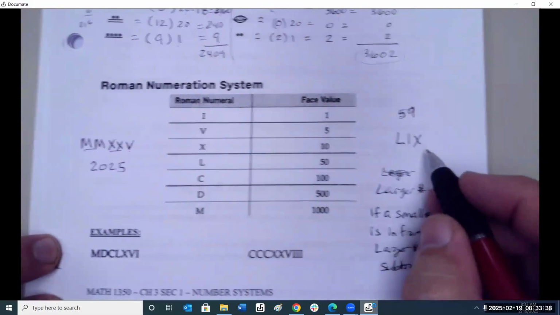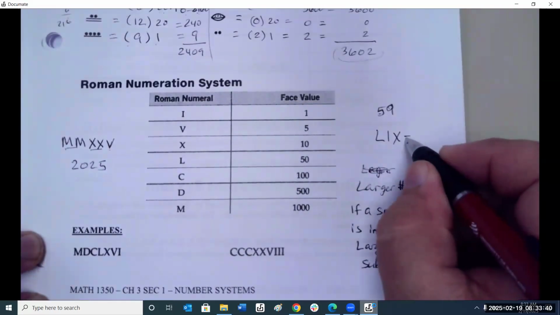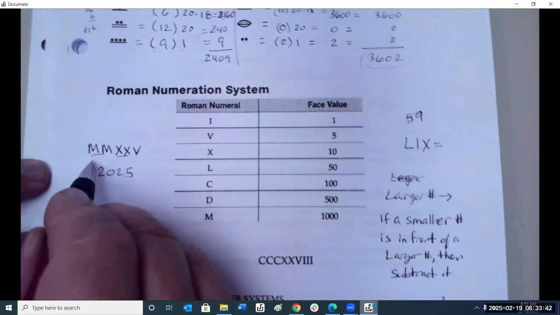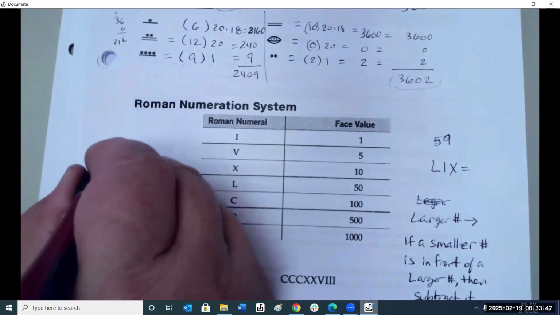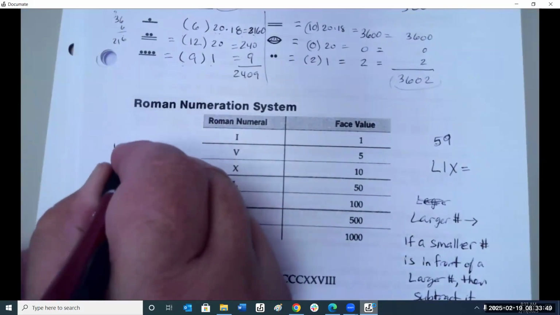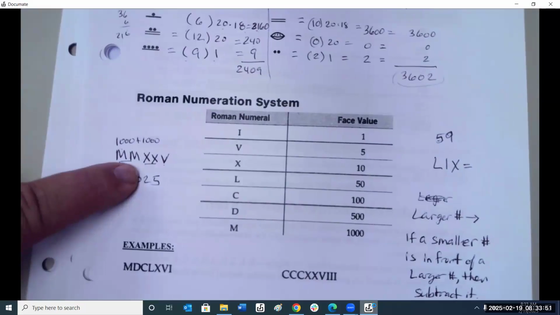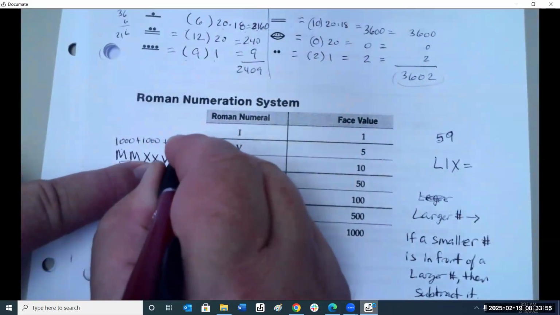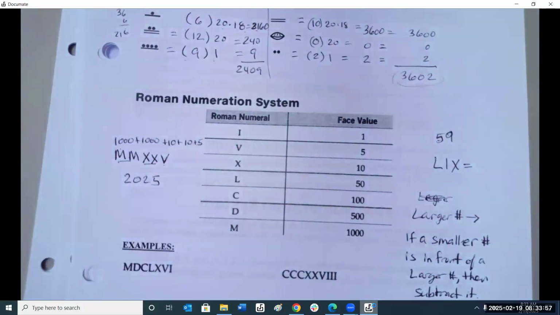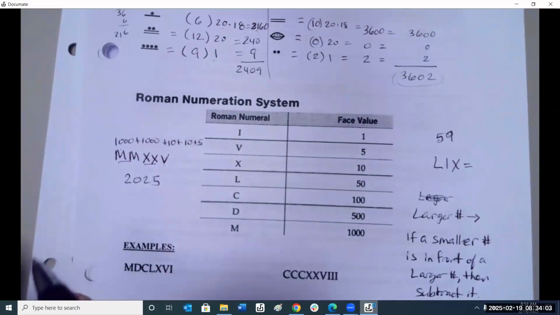Let's look at the Super Bowl. So what this says is M is what? 1,000 plus another 1,000. What's an X? 10 plus another 10 plus a 5. So it's just addition property. Or we could use multiplication.